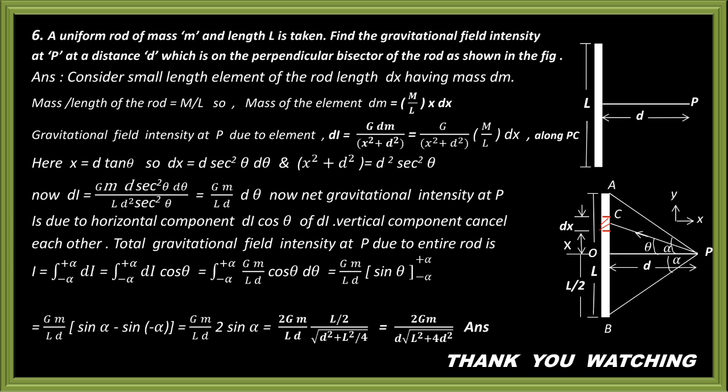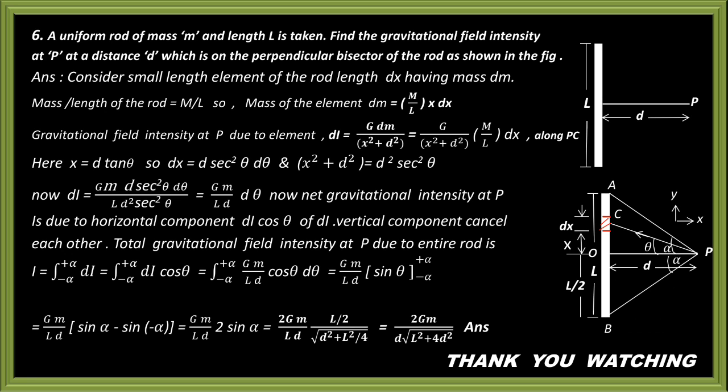In the first figure you can see the length of the rod is L, and we have to find the gravitational field intensity at point P, which is at a distance d and lies on the perpendicular bisector of the rod. In the second figure everything has been mentioned.